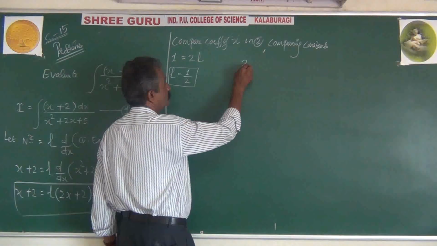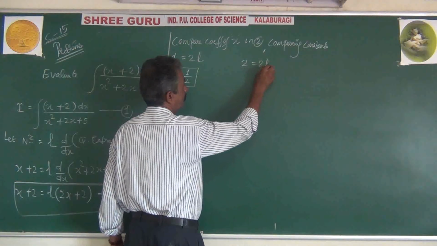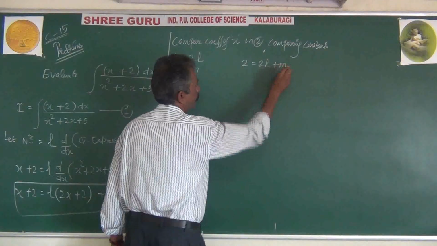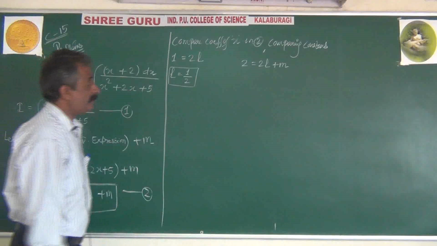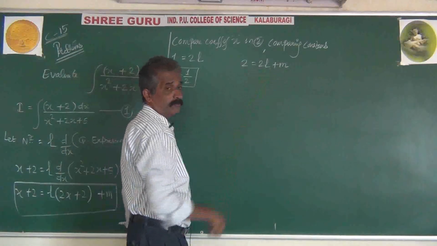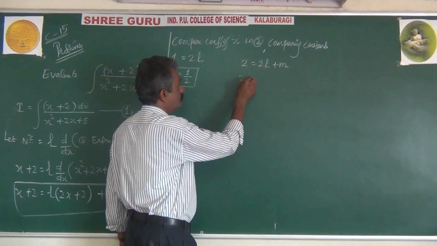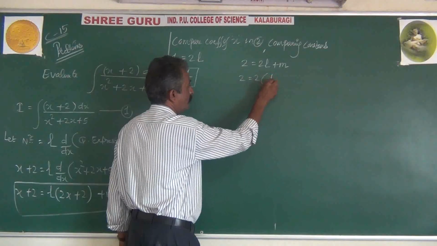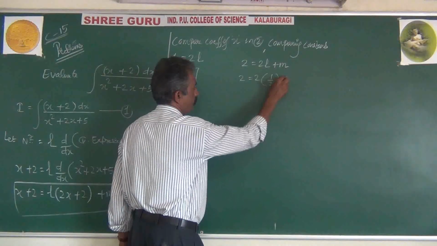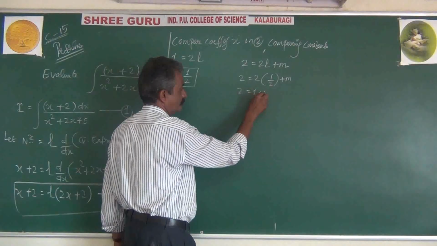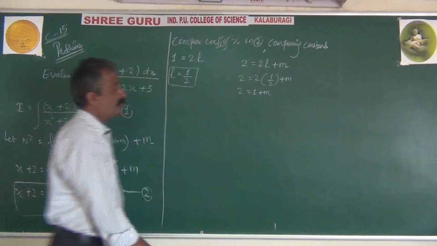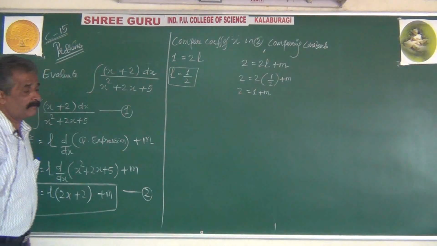So 2 equals 2l plus m. But already we know the l value. What is the l value? 1 by 2. So 2 equals 2 into 1 by 2 plus m, or 2 equals 1 plus m, or m equals 2 minus 1, which is 1.